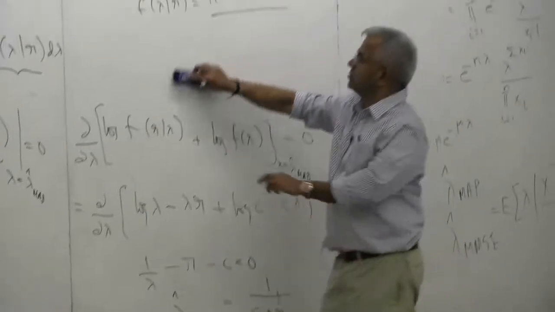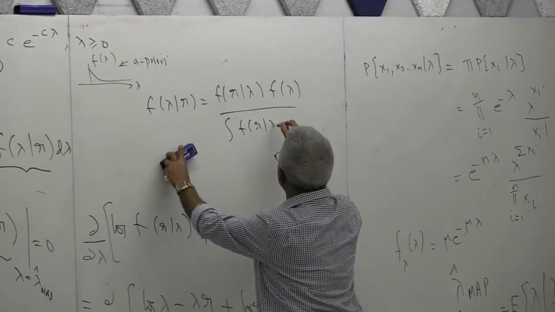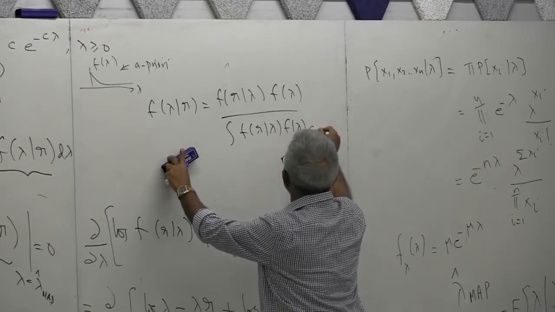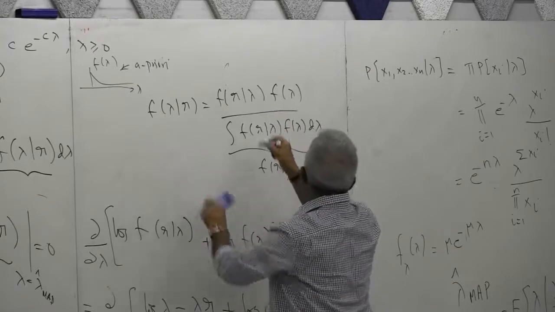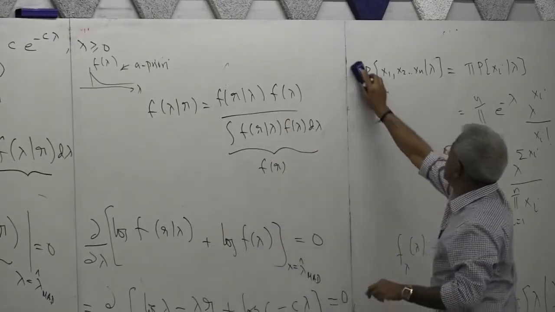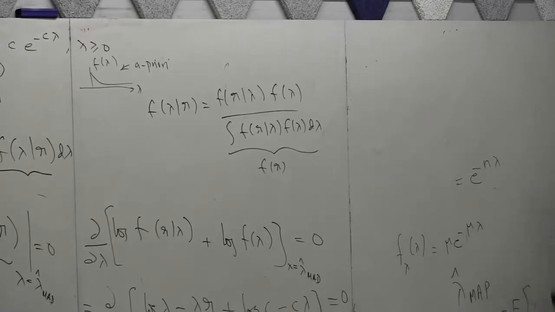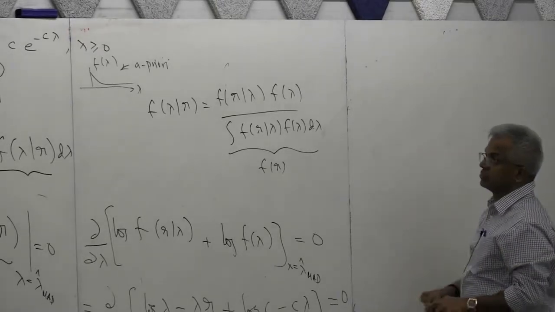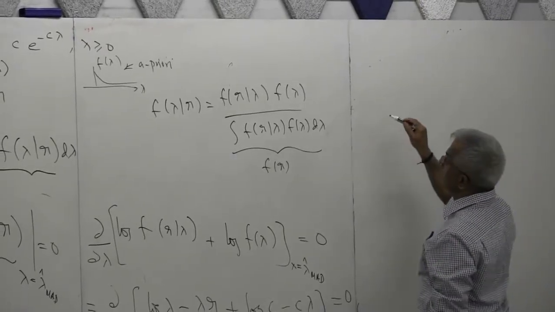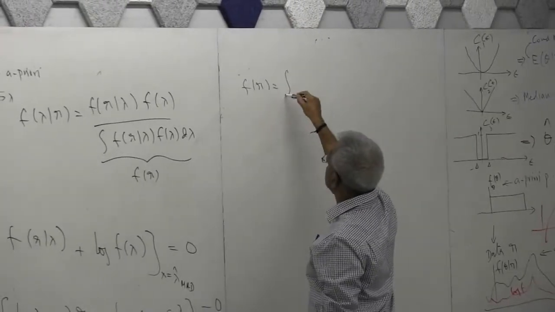Remember, this f of r is going to be the integral of f of r given lambda multiplied by f of lambda d lambda. This is your f of r.